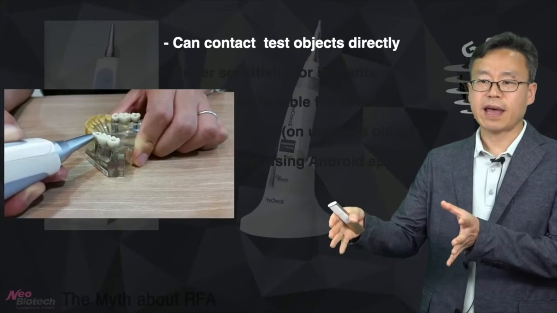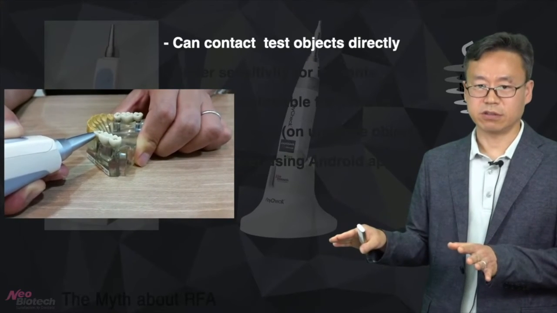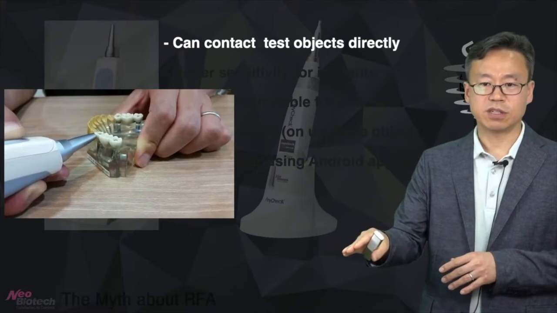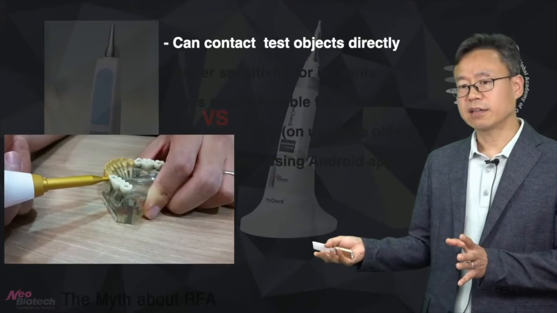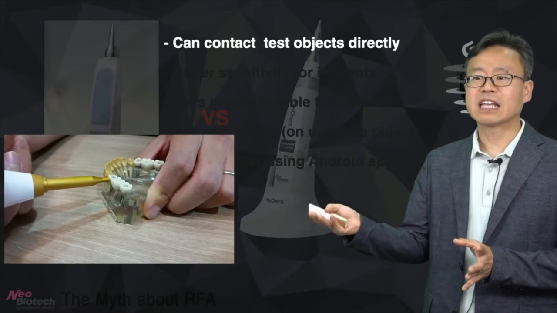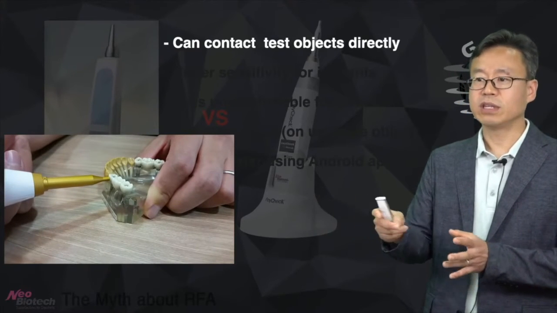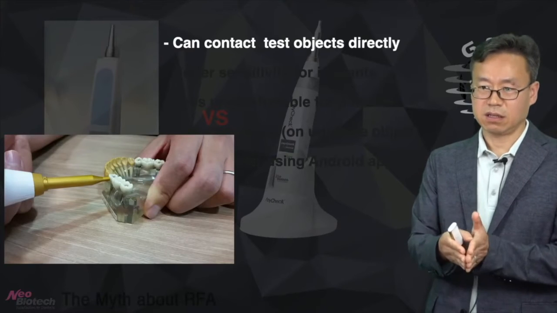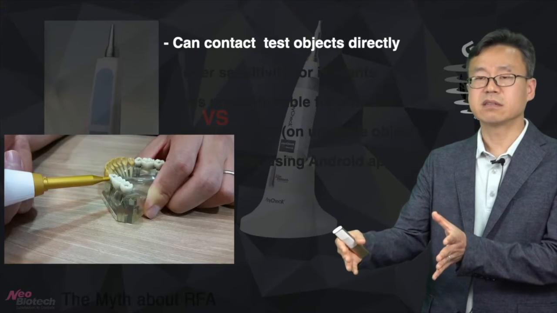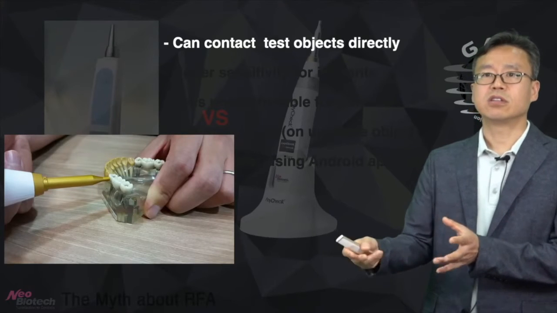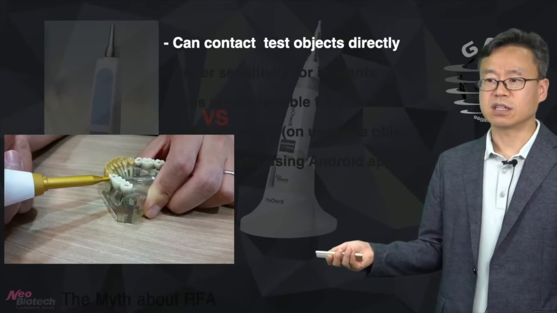But when you do have proper distance, you hear a low-pitched sound. So this measurement is correct. But for AnyCheck, you can literally contact the object directly. You don't need any space between the instrument and the object, the implant. So this is much easier to use in clinic.